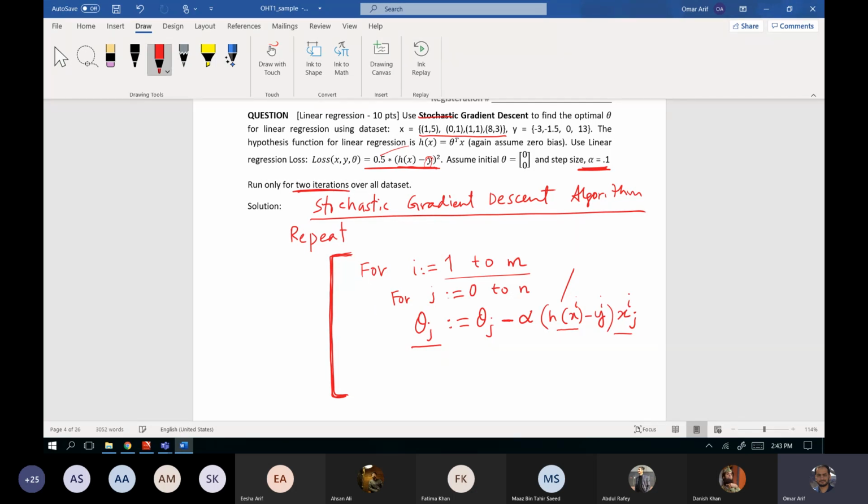In this case, the situation is like this, that this goes up till 4. This goes from 1 instead of 0 because we are not considering the bias term. And we maybe don't need to write this because there are just 2 parameters. So instead of a for loop, we can simply write theta 1 is equal to theta 1 minus alpha.